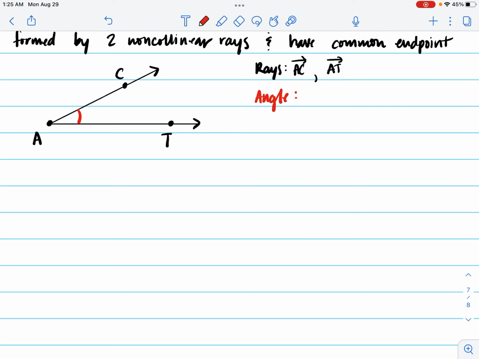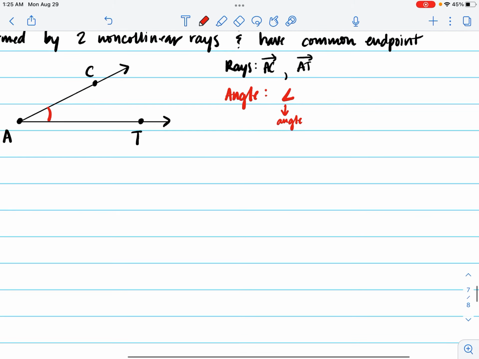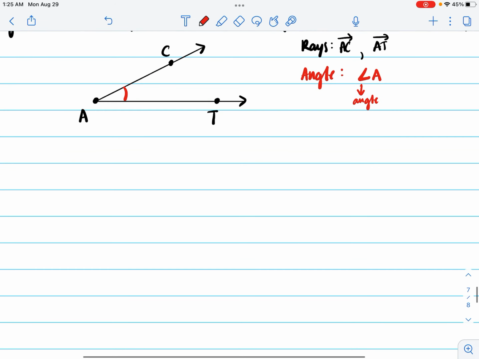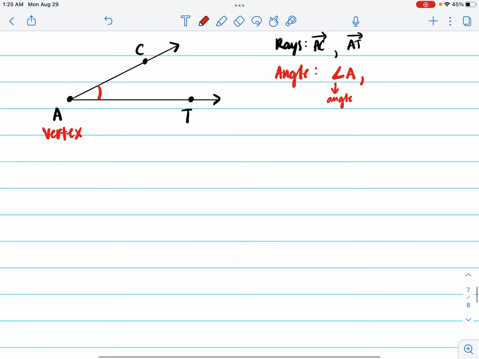You could just name it angle A, and note this symbol is used for angle. It's a symbol for angle. Okay, angle A, because it is the middle point or the vertex, or it's the tip, or it's where it changes direction, all of which happen at the same point.